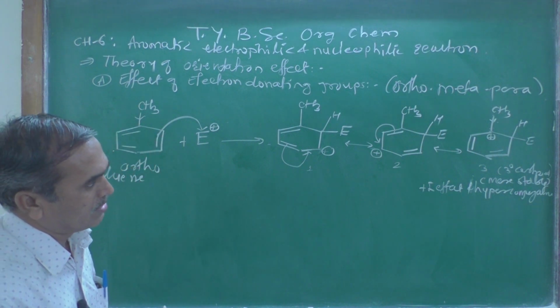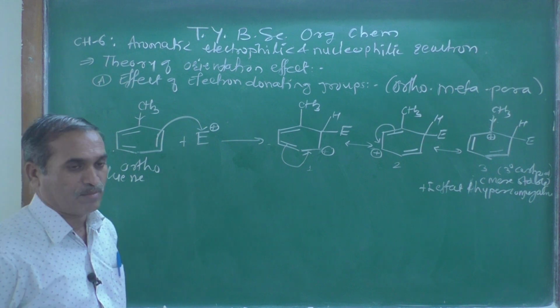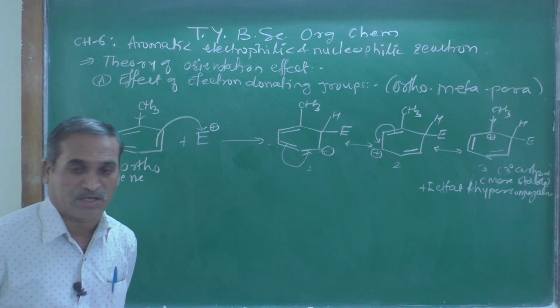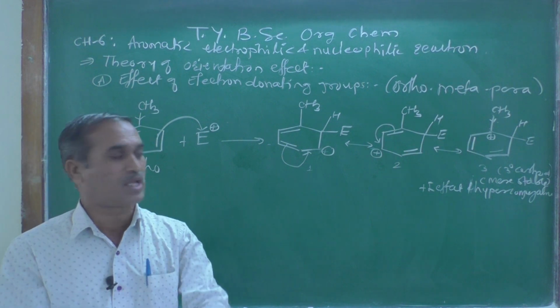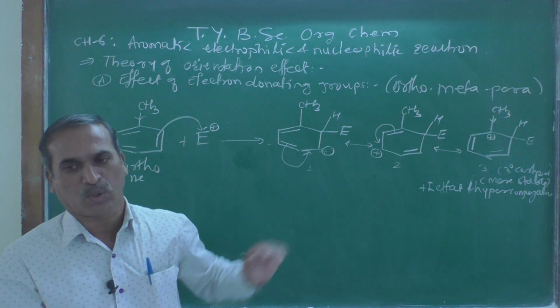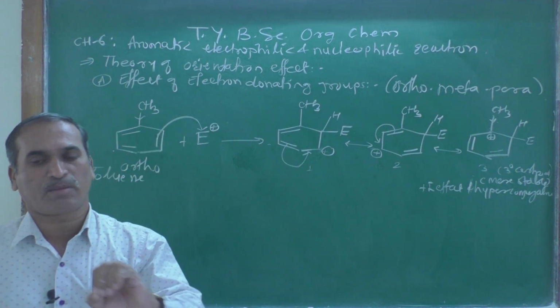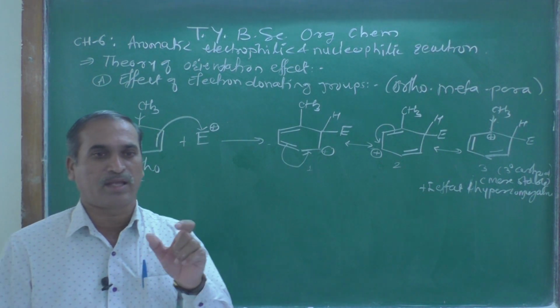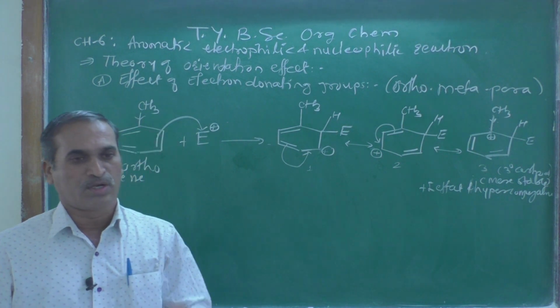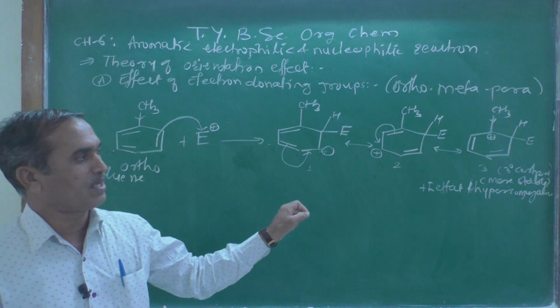We see here a tertiary carbocation, and as we know, the tertiary carbocation is the most stable one, and in this particular example the tertiary carbocation is well stabilized due to the plus I effect as well as the hyperconjugative effect.